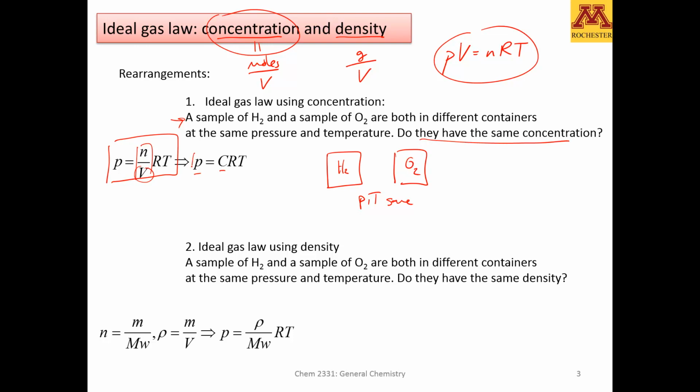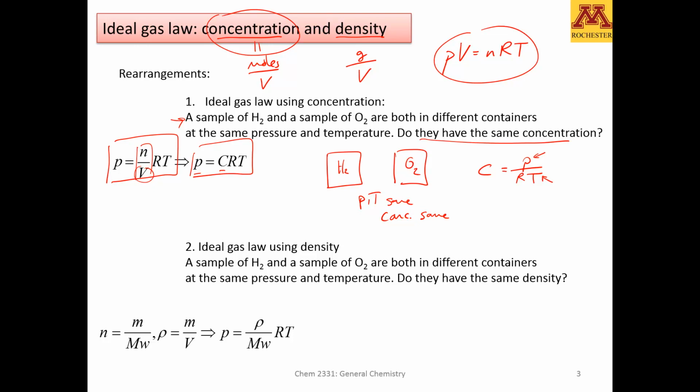Well, you just need to look at this, and if you want, we can put concentration on one side and pressure and temperature on the other. You can see now that if pressure and temperature are constant, it means that the concentration, the moles over volume, will be constant. So concentration in this case is the same because pressure and temperature are also determined.